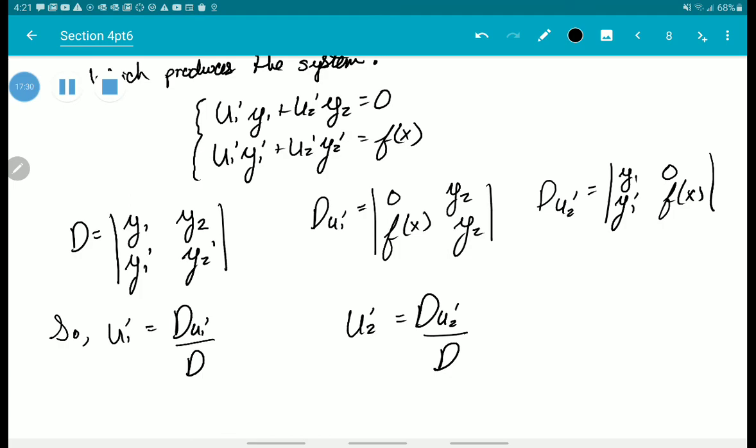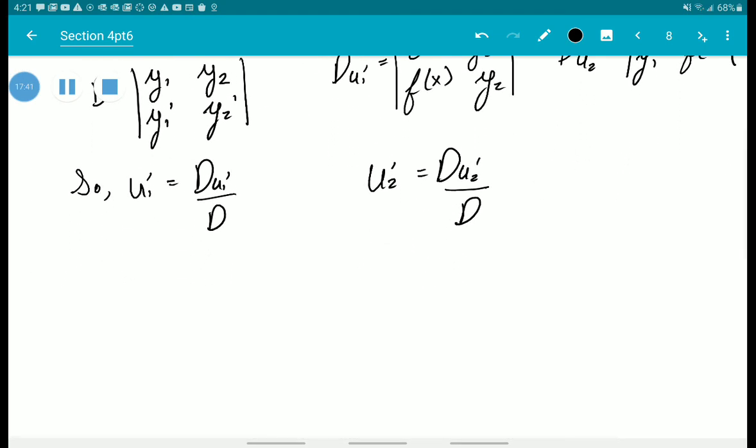And then once we figure out what u1 prime and what u2 prime are, we can use separation of variables, and then we can solve that system. So then once you do that, you know what u1 and u2 are.